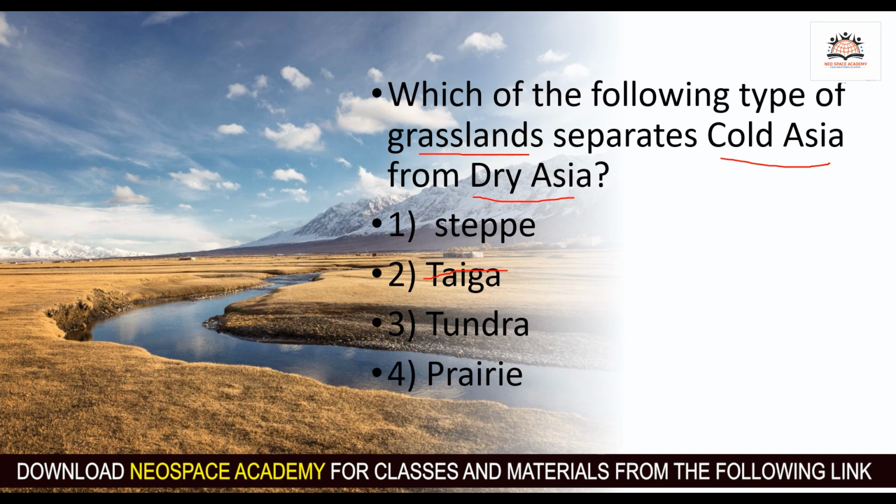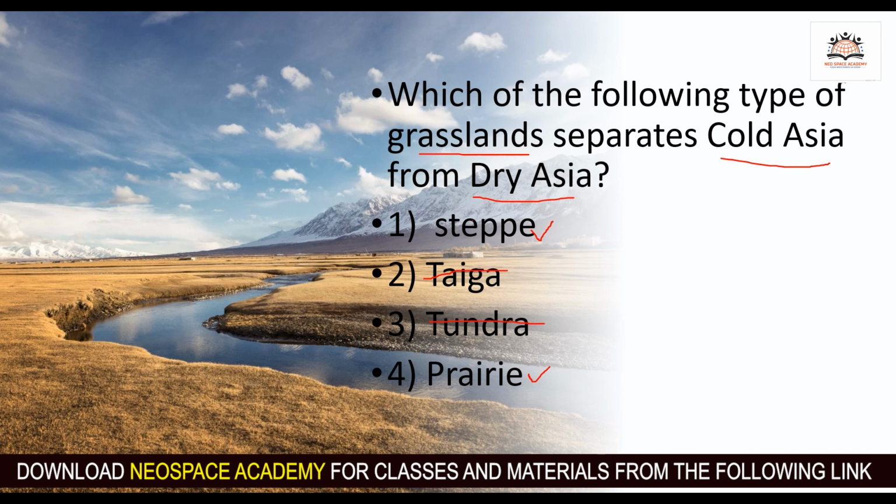Tundra is a polar region, and prairies and steppe are a little bit different. Prairies are cold, and steppe is in Asian conditions, that is, in the tropical region. So this is the right answer.